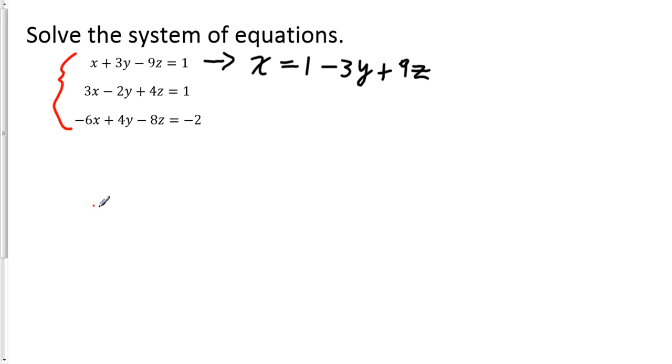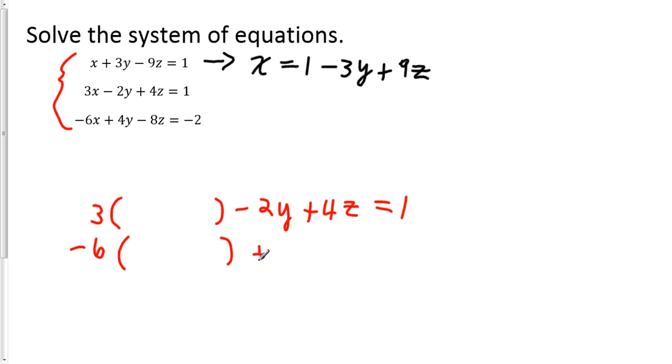I'll have 3 times x minus 2y plus 4z is equal to 1, and I'll have negative 6 times x plus 4y minus 8z is equal to negative 2. And let's see, let's plug these in.